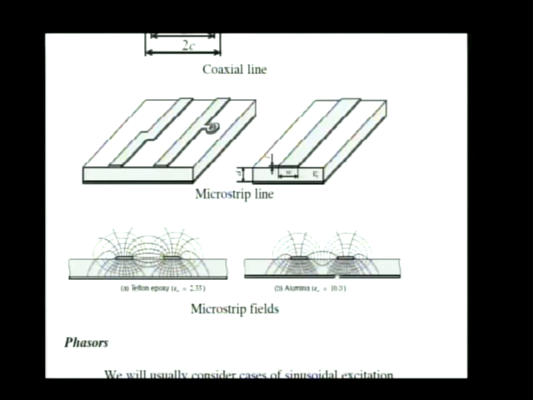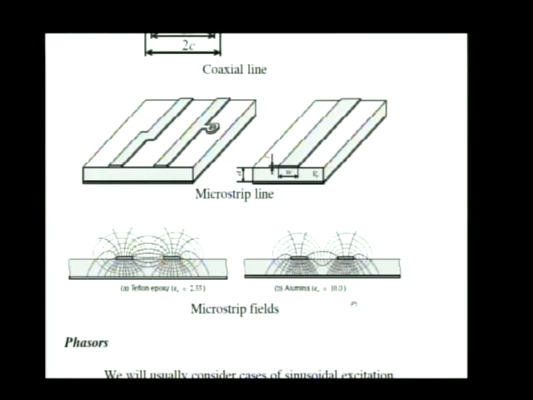So the fields are concentrated between the conducting strip and the ground plane, but they do exist in the region up above. You can make the concentration of fields greater in the microstrip line by increasing the permittivity, increasing the dielectric constant of the substrate.